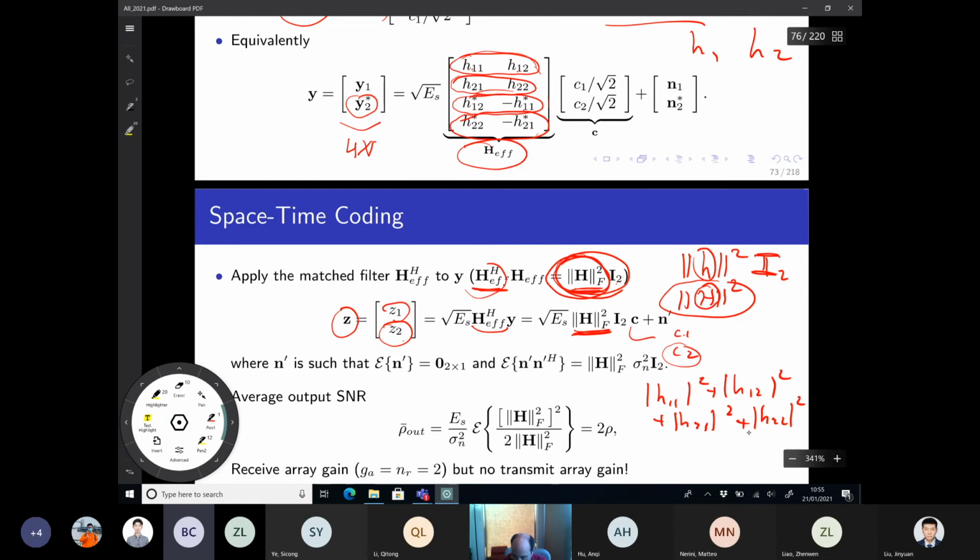This is chi-square distributed, because you have 8 degrees of freedom in there, since each real part and imaginary part is a Gaussian random variable. Because of this, you're going to have a diversity gain of 4. Remember, this gives you the same diversity gain as if you have a SIMO system.